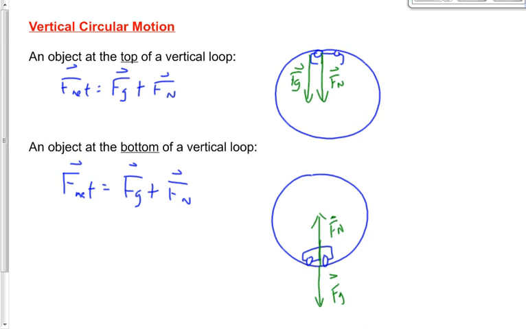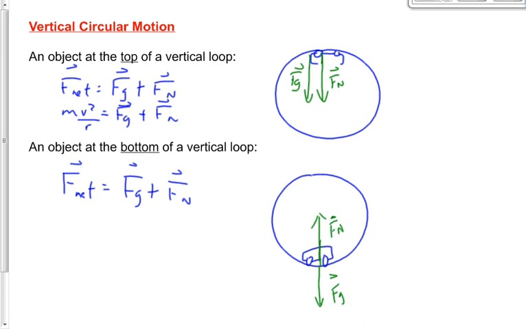What's the next step after we write F net is equal to the sum of the forces? What did we always write down next? MA is equal to the sum of the forces, right? We replaced F net with M times A. But hold on before you write this down. In this case, when we're going in a circle, MA is equal to mv squared over r.